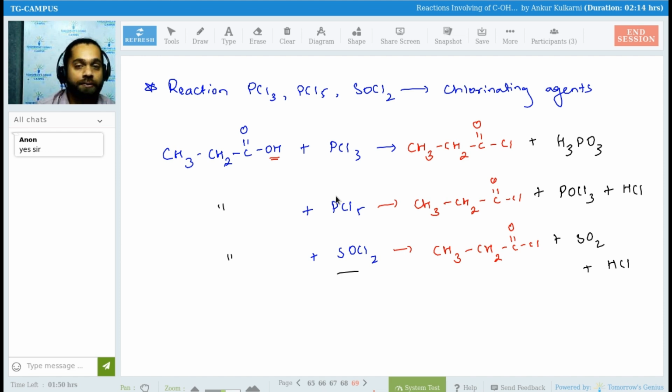Is it clear, Prashanti, Gopinath? Come on, write it down properly, Prashanti. Over here I have written a double dash. That does not mean you will write double dash, you will write the whole acid.